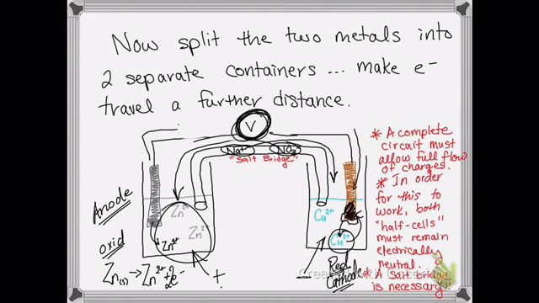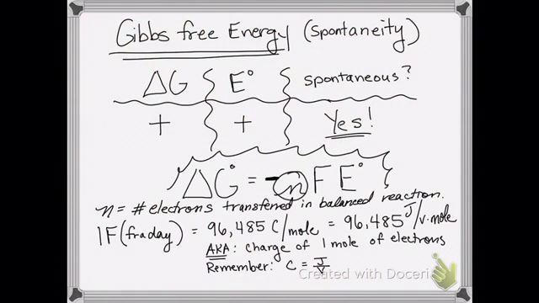So every time an electron passed through the voltmeter, you would be able to see and measure it by determining the amount of mass that was lost or gained from either electrode. Super clever. So there's a direct relationship between voltage and this thing called a Faraday, and basically it's the charge of 1 mole of electrons. It's pretty cool.